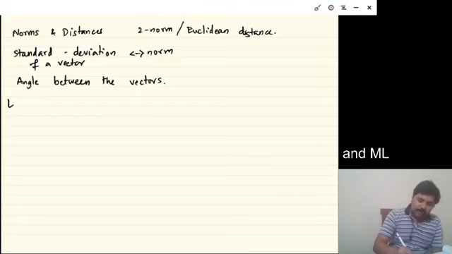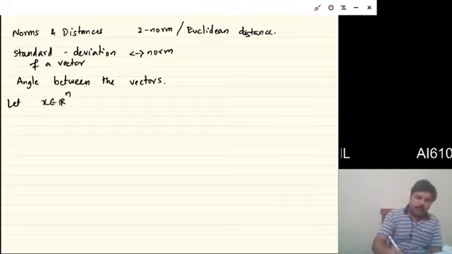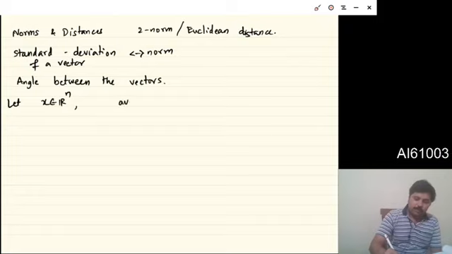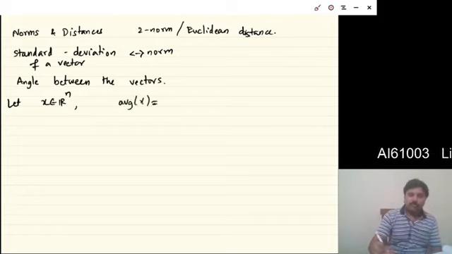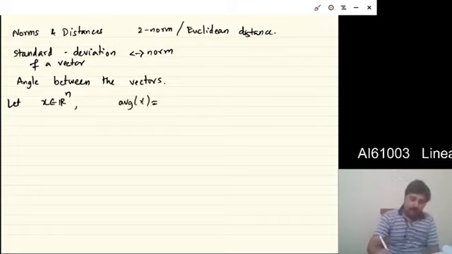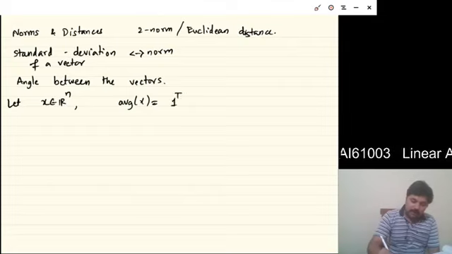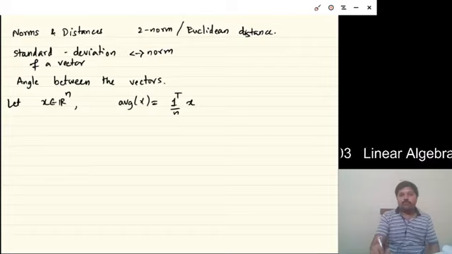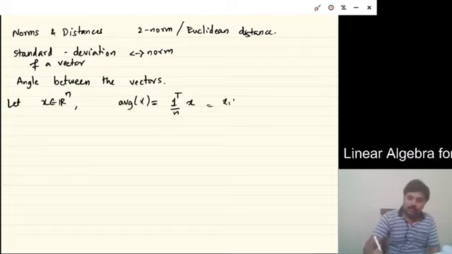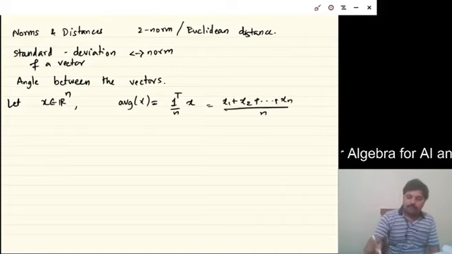So let x be a vector in Rn. Then please remember, by the notation average of x, what we really mean is 1 transpose x divided by n. That is nothing but x1 plus x2 plus up to xn divided by n.